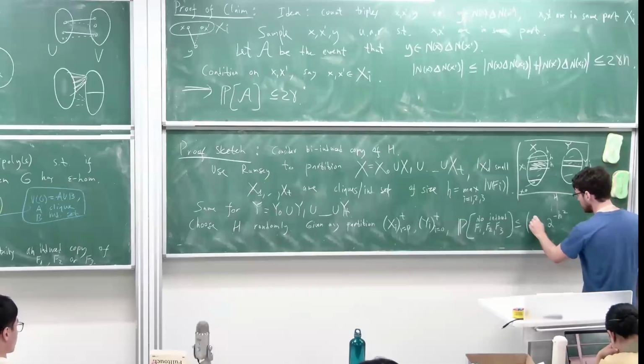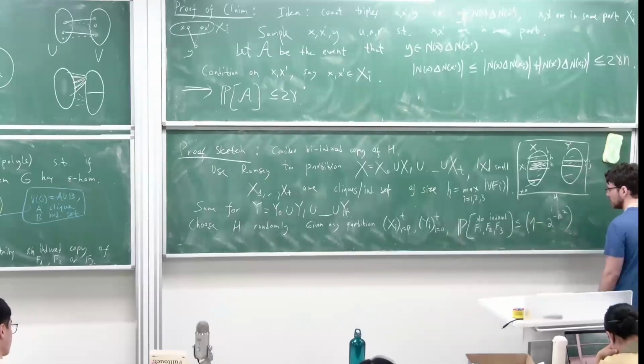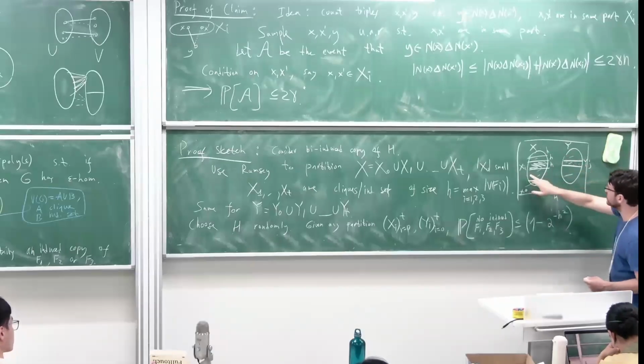So the probability that this doesn't happen is this. And this has to happen for every pair, so for every Xi and Yj.